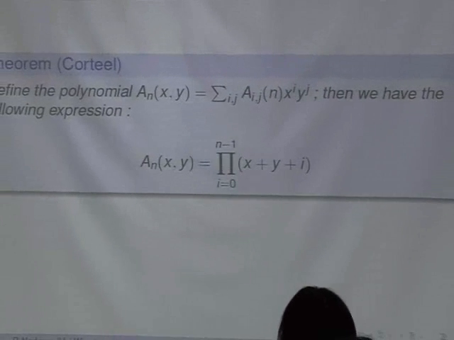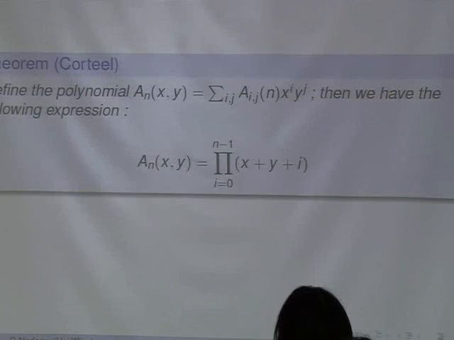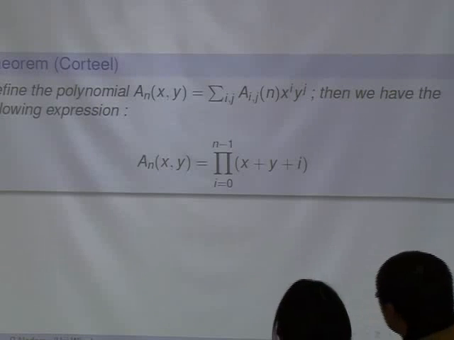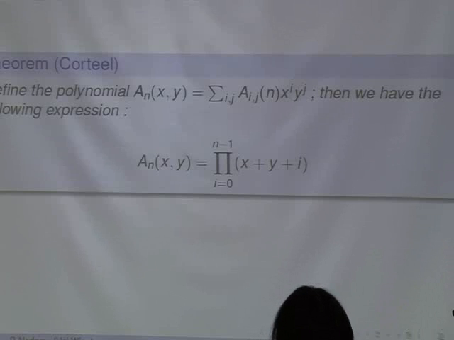You define the polynomial A_n of x and y, where x and y mark the number of free rows and the number of free columns. Then you have this very nice expression, which you can check that if you put x equals 1 and y equals 1, you obtain n plus 1 factorial, so it makes sense already.